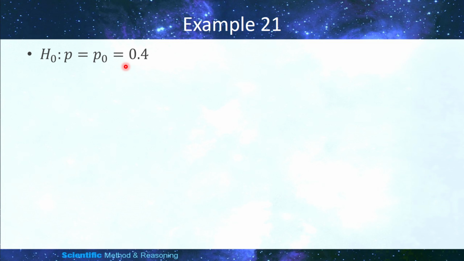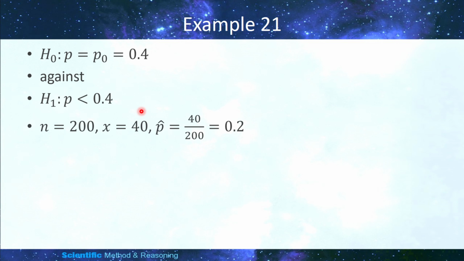P equals P naught equals 0.4. The alternative hypothesis is that Eddie is a poor teacher with P less than 0.4. The sample statistic is X equals 40 out of a random sample of size 200, so the sample proportion is 0.2.